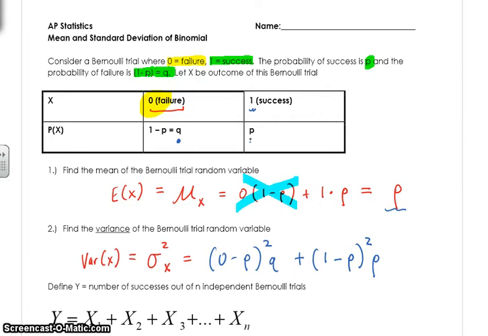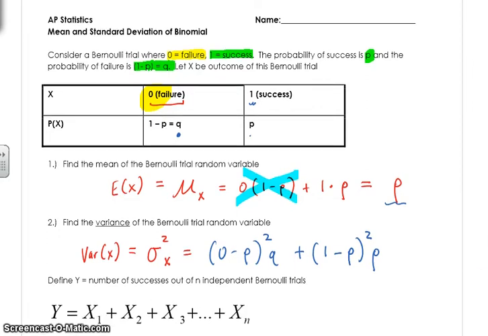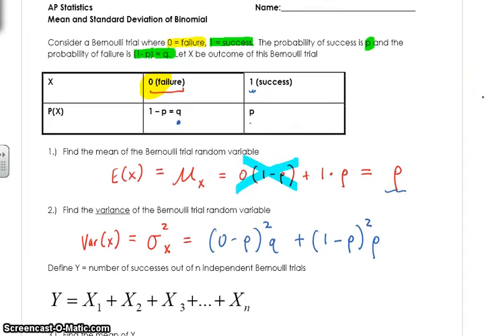Okay, so let's actually find what this is. 0 minus P quantity squared is just P squared. So this is P squared Q plus, now 1 minus P is the same as Q, so this is Q squared right here.